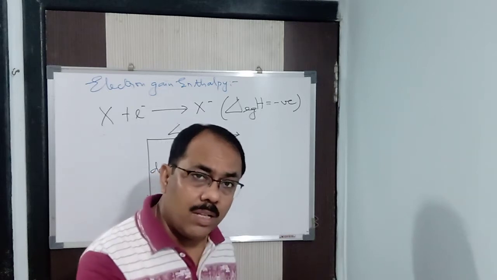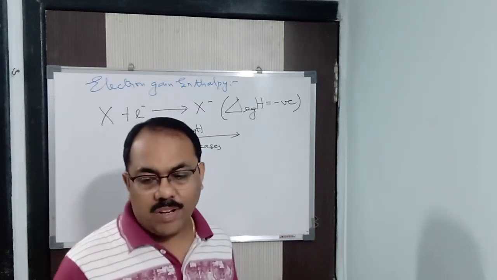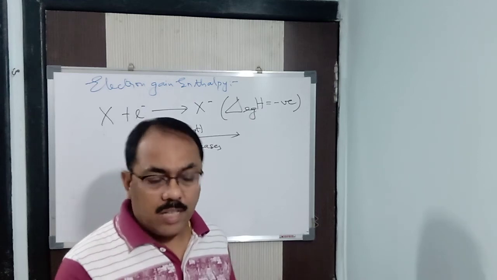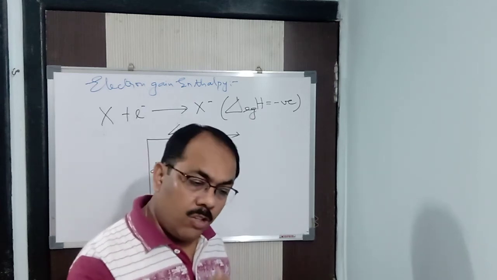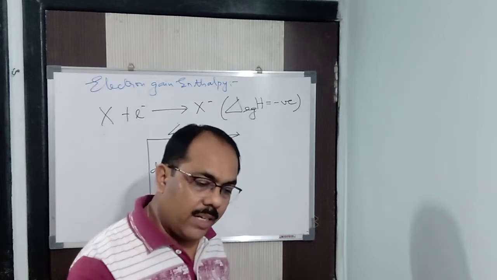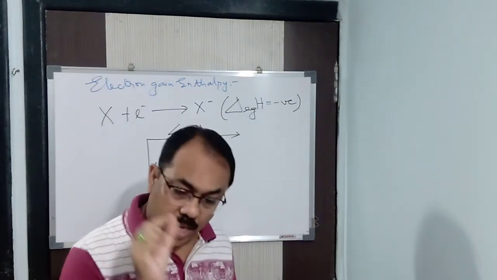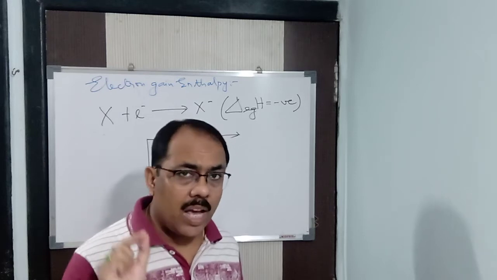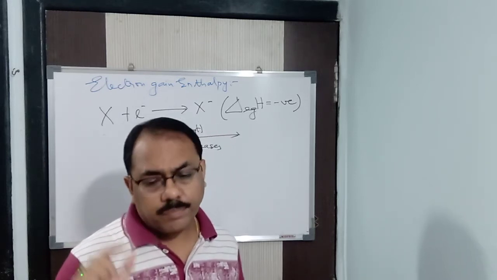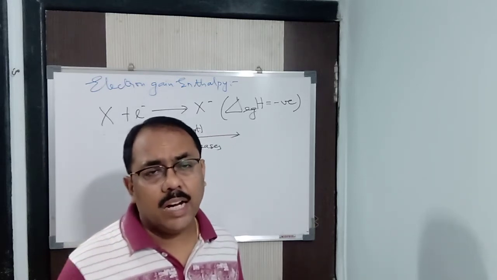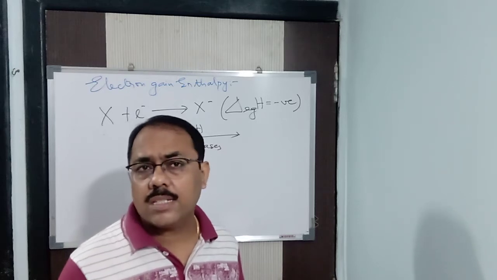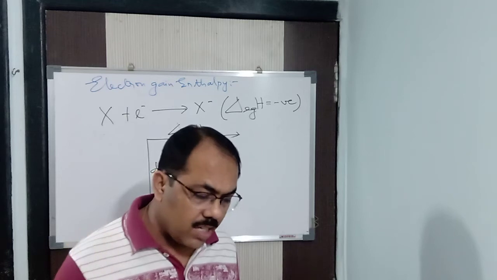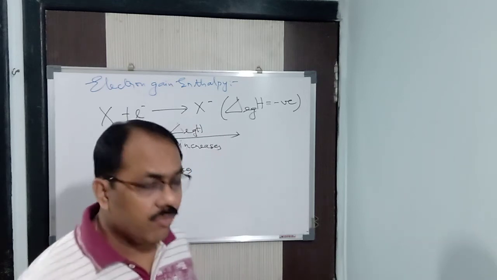So across a period, atomic size decreases, nuclear charge increases, and the tendency to gain an electron increases. Remember, group 17 elements, the halogens, have the highest electron gain enthalpy or highest electron affinity.